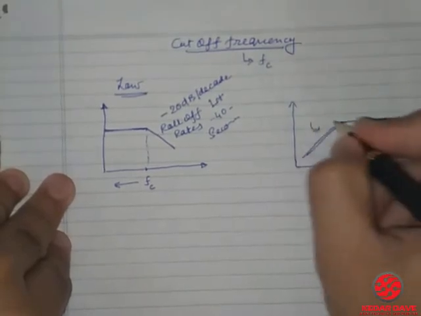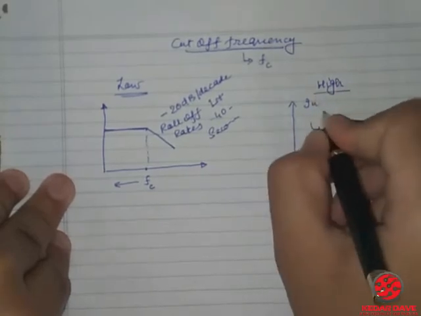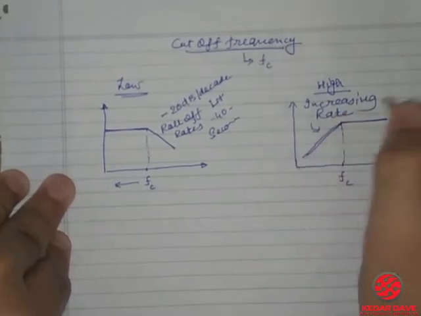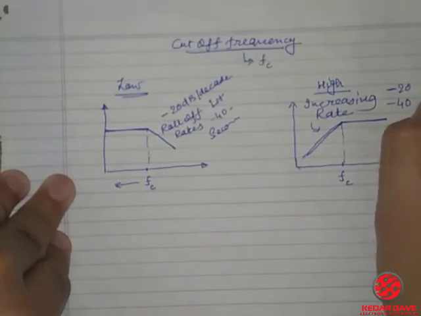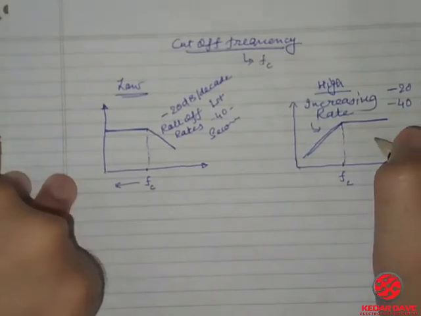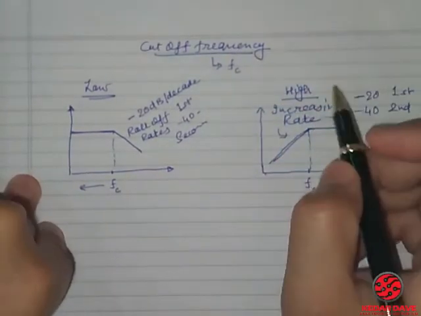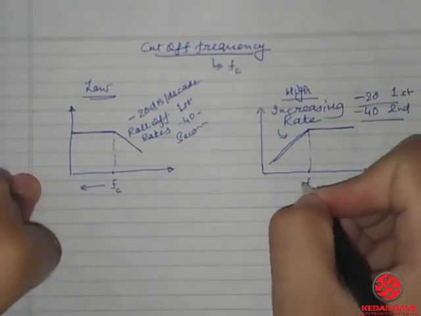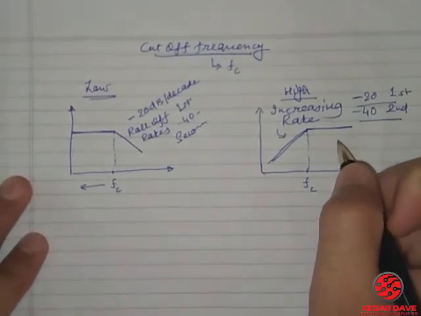So the increasing rate over here for the high pass filter will be maybe minus 20, minus 40. This will be first order, this will be second order. Here you can check, this is first order, this is second order. So this way the roll off rates will differ.